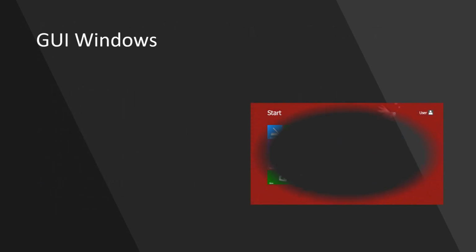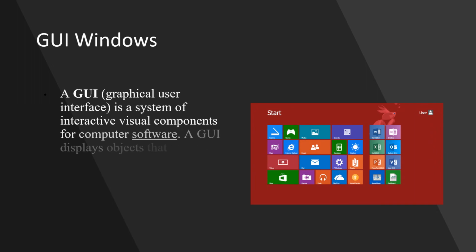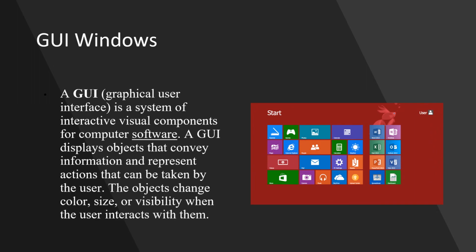GUI Windows. A GUI, graphical user interface, is a system of interactive visual components for computer software. A GUI displays objects that convey information and represent actions that can be taken by the user. The objects change color, size, or visibility when the user interacts with them.